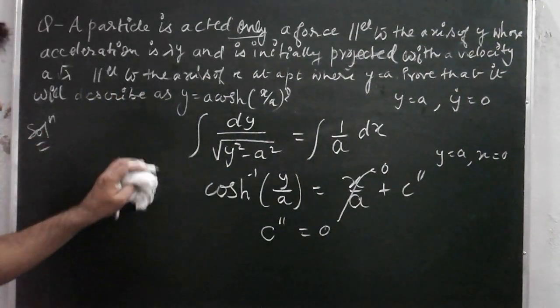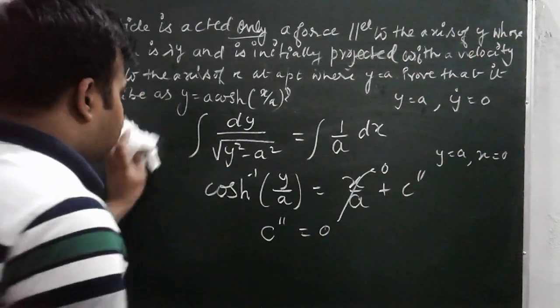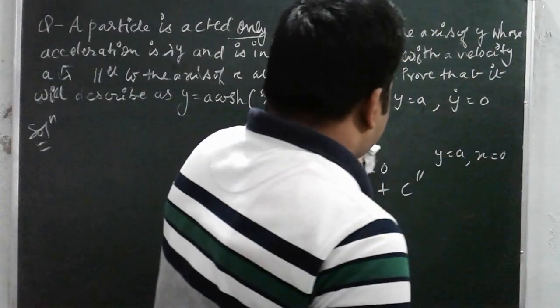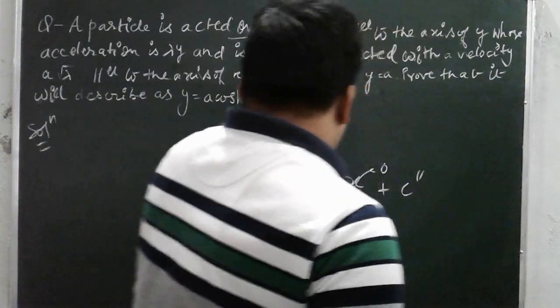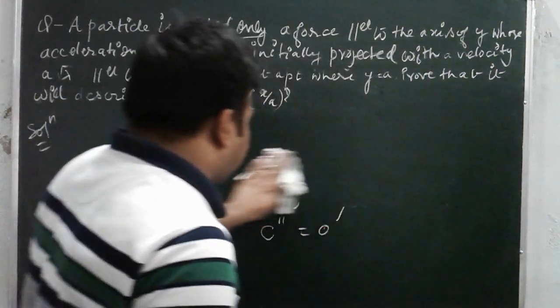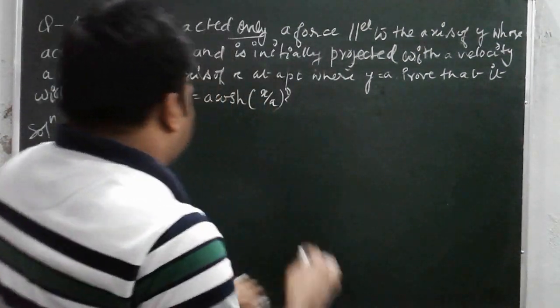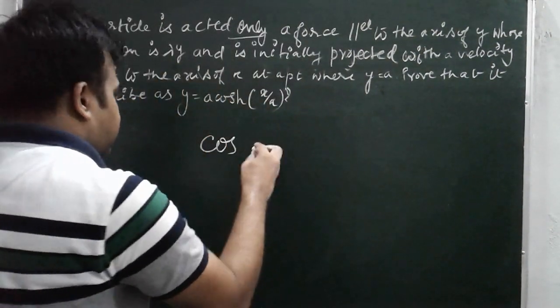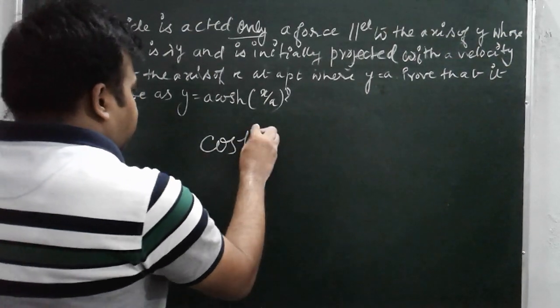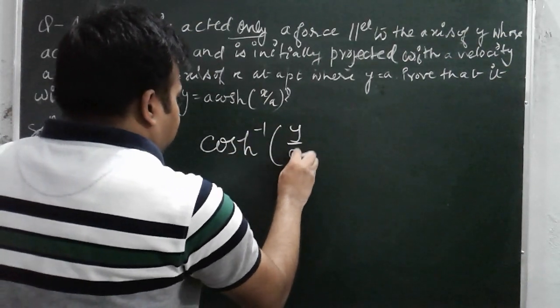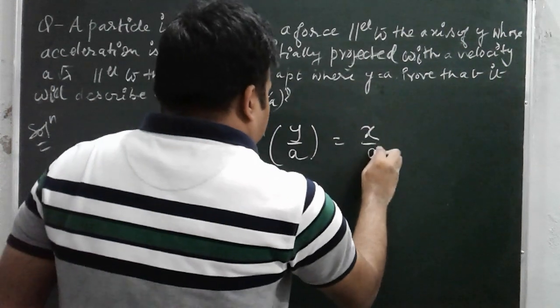Now the final equation, with c double dash equal to 0, is cos h inverse of y over a equals x over a.